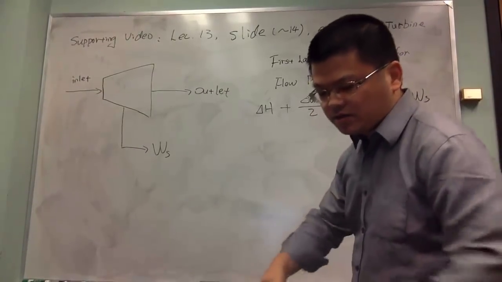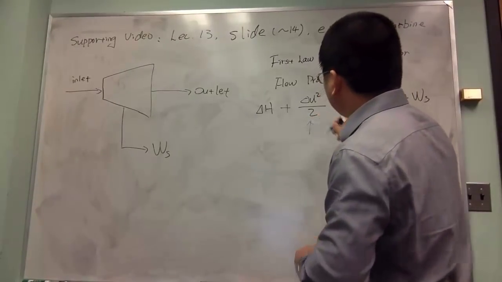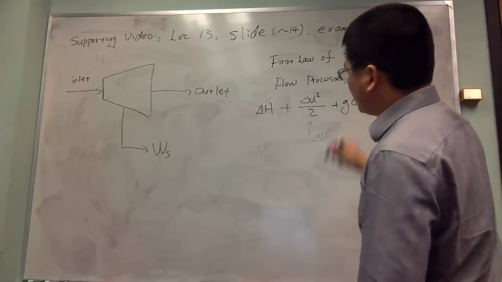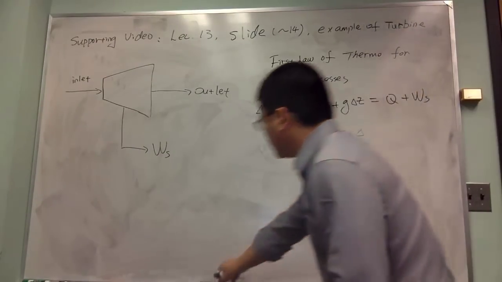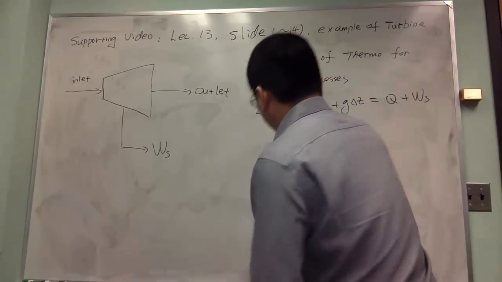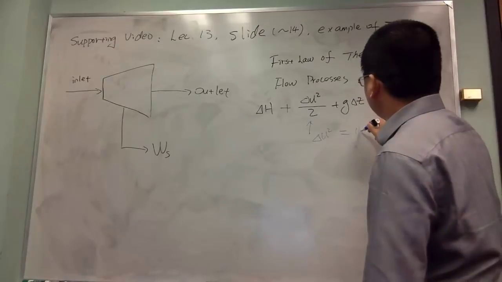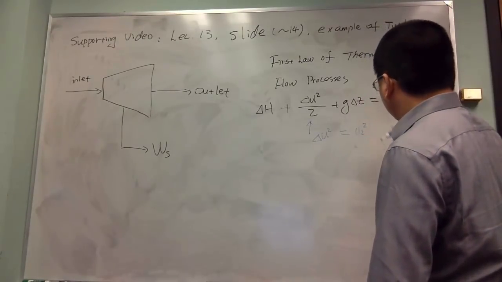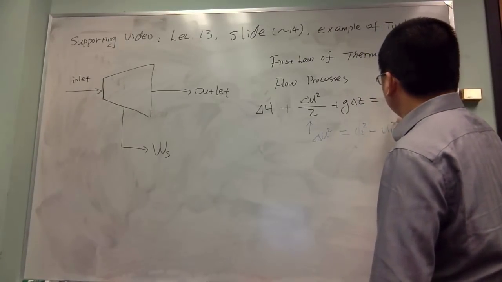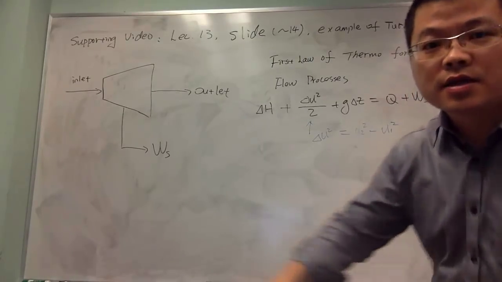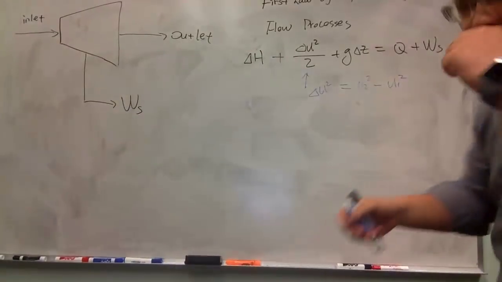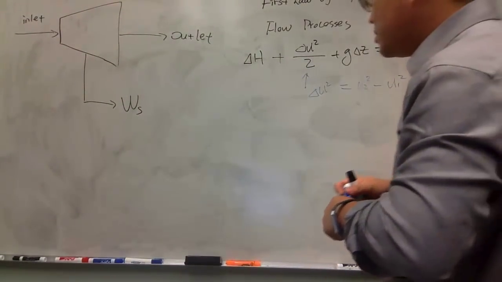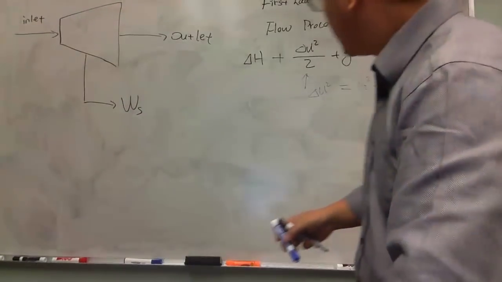I want to remind you that here this is not delta U square, it's U2 square minus U1 square. Right? Is it clear?